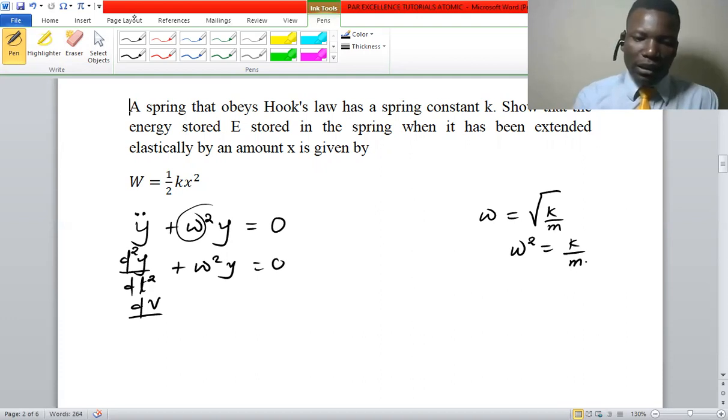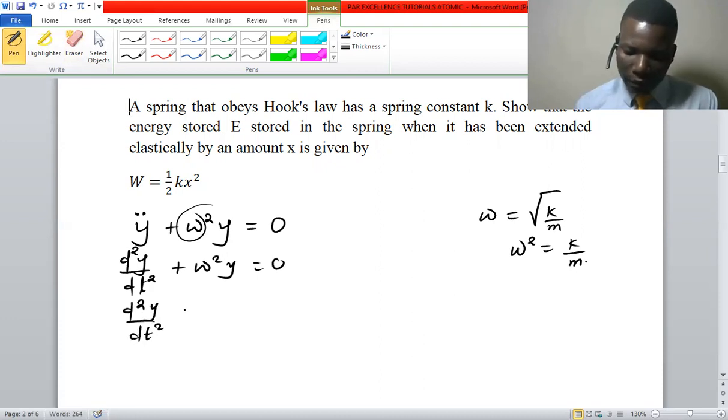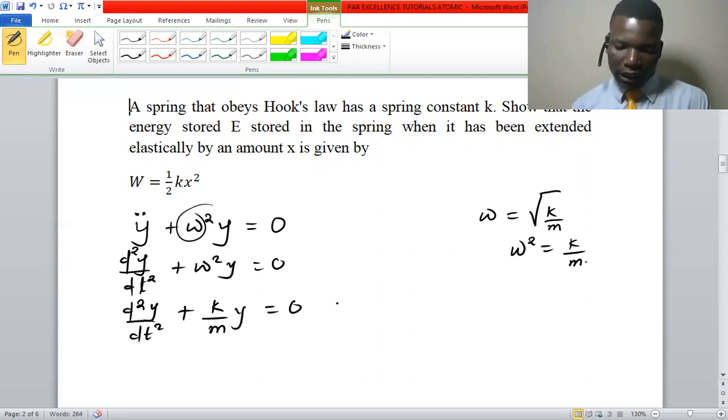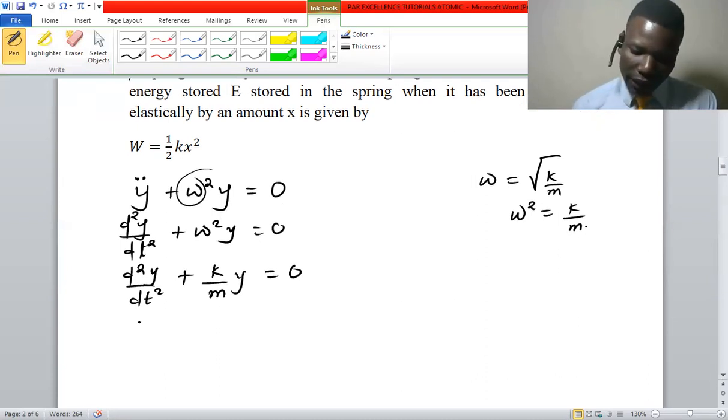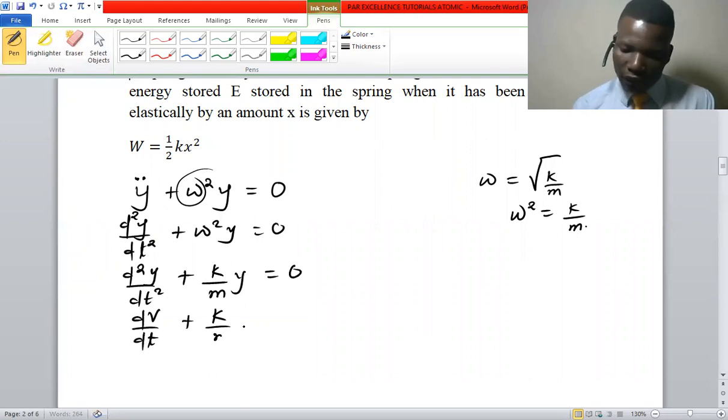Before we do that, let's replace the omega there. So we have plus k over m y being equal to 0. It's the same, so we can write this in terms of velocity, where we have dv dt plus k over m y equal to 0.